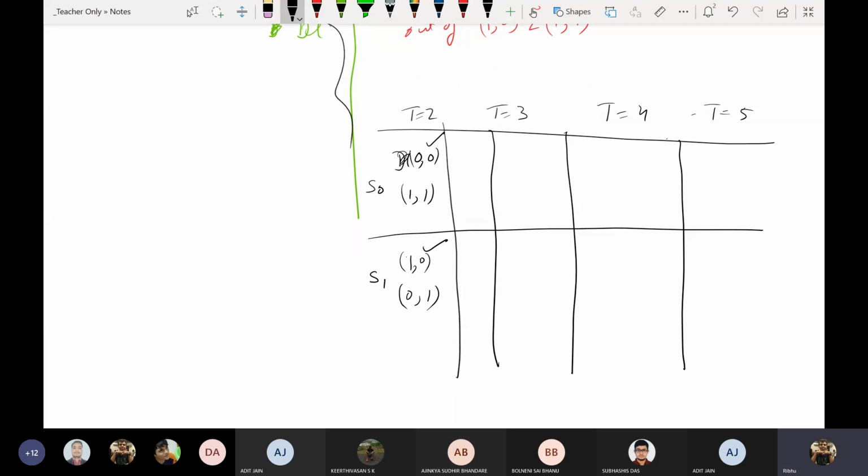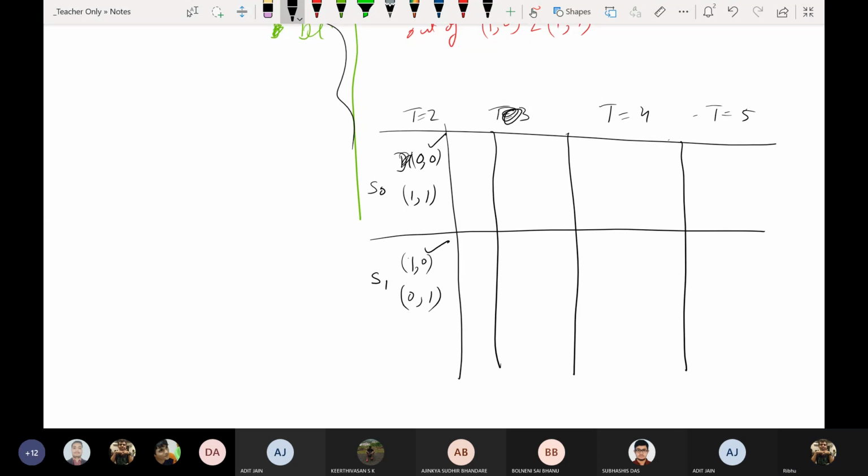I say that these two survive. So at t equals 3, I only have to calculate 000. And 0 1 0, 1 0 1 would lead into S0 because 1 1 is no longer valid. So 1 1 0 won't be there. 1 0 1 will lead into S0, right?